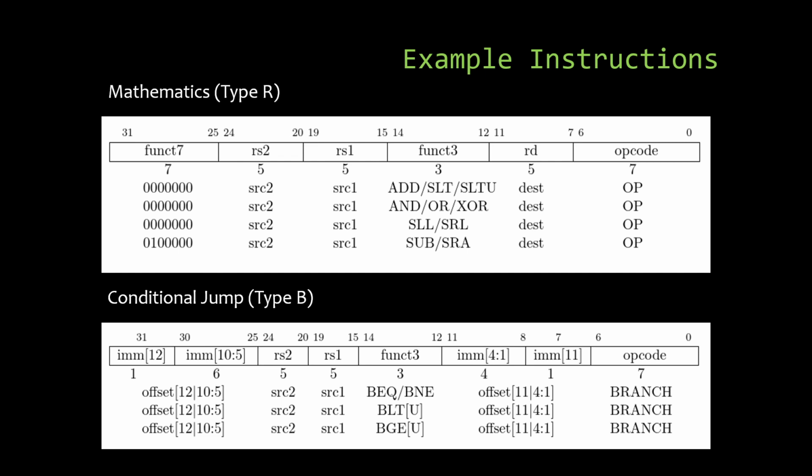Essentially, it means it will go to the position that the branch designates if the condition is met. So if it is equal or not equal, then it will take the branch. And then the immediate value here provides an offset to the program counter of where to travel to within the list of instructions.